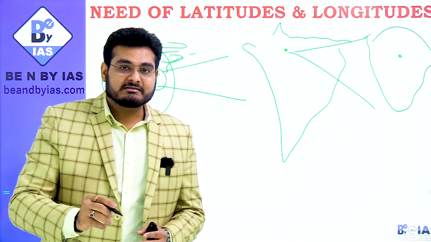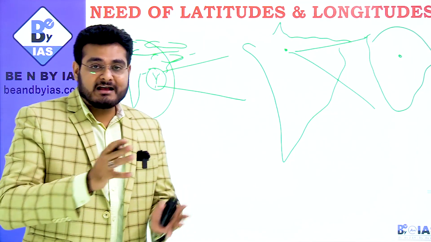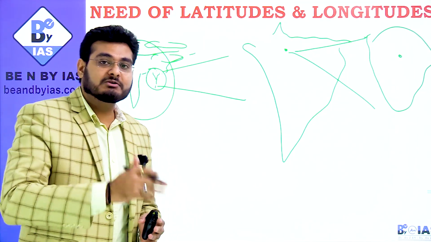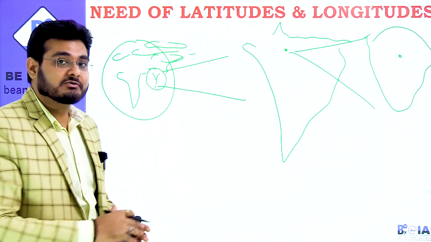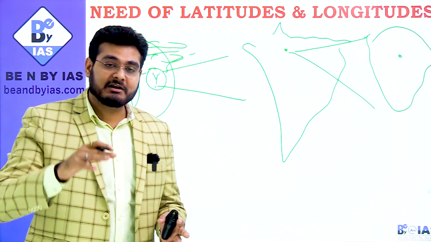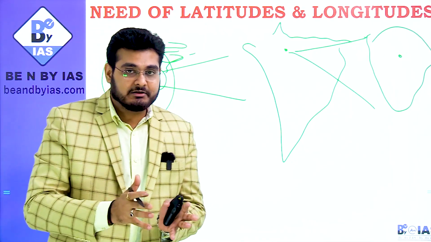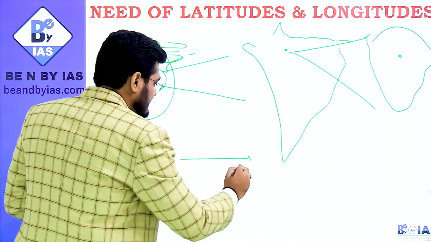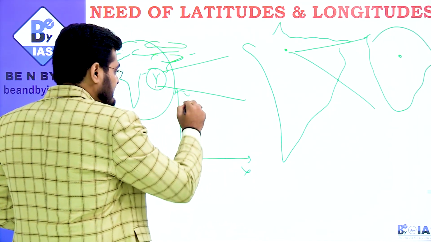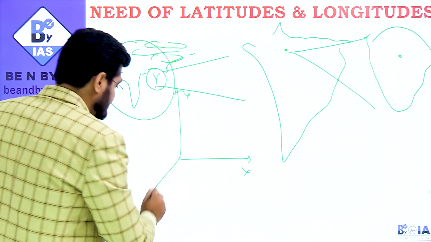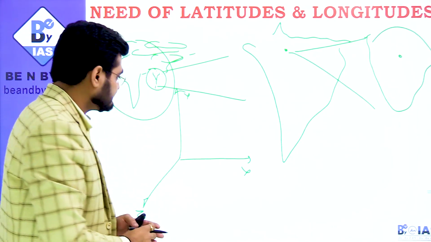So in that case, 3D maps or 3D axes are important, where latitudes, longitudes, as well as height are important. Because when we travel in space, the x-axis is important, the y-axis is important, and the z-axis, which is coming out, also is important, which is the 3D space.